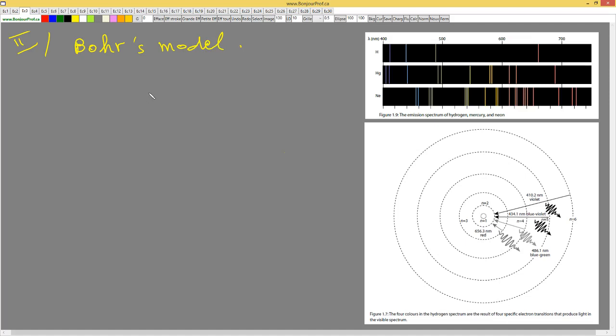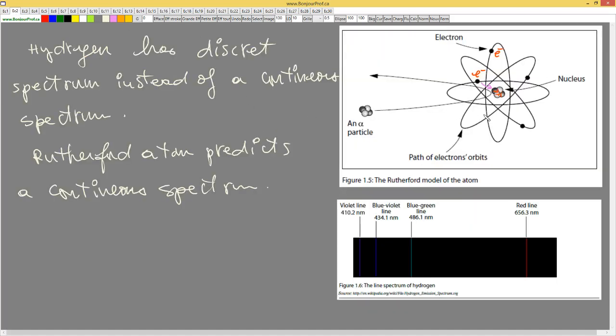So roughly what Bohr said, yeah, Rutherford's model is not bad. There's a lot of things that are good. He said that effectively the atom is empty, it is a vacuum, and we have a tiny nucleus, and we have some electrons orbiting around the nucleus, but the orbits are not just anything. The orbits are specific. They are not ellipses, like for example in the Rutherford model.